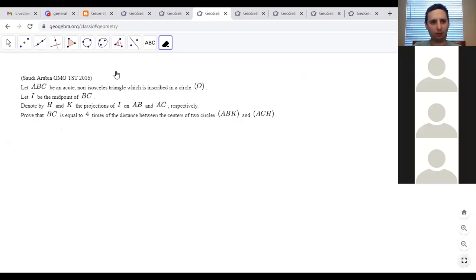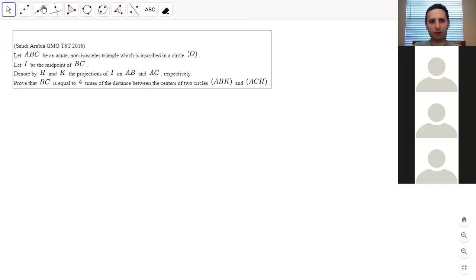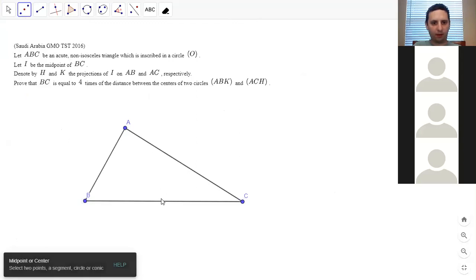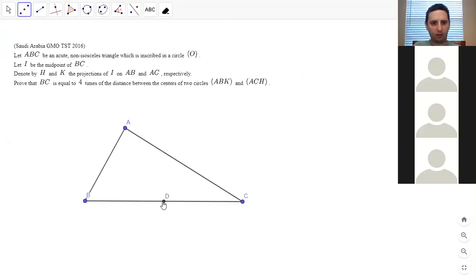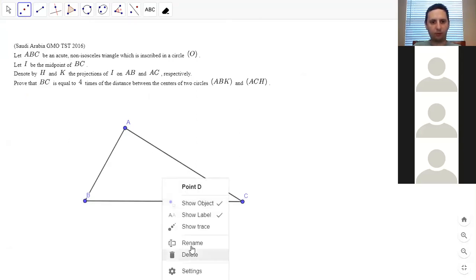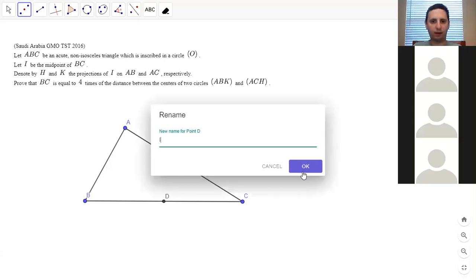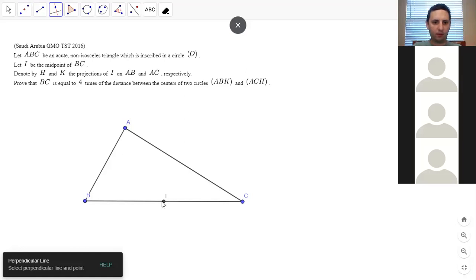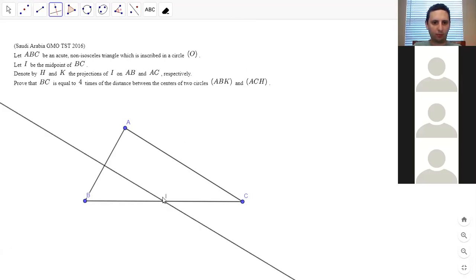Yeah, this one doesn't look super hard, but let's see. So we have a triangle ABC inscribed in a circle, and I is the midpoint of BC. H and K are the projections of I on AB and AC.